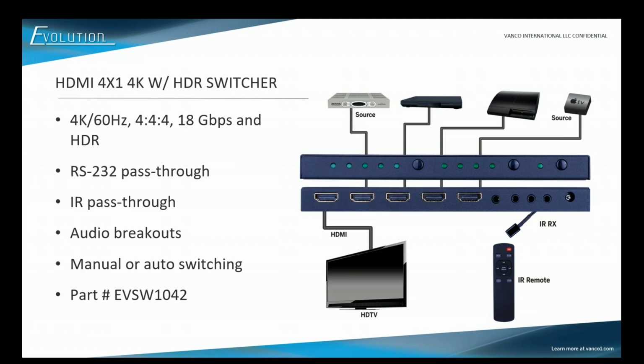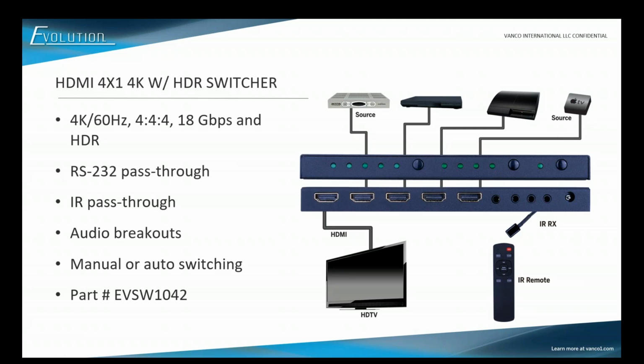Now, previously, a couple years ago, most of our switchers had auto switching, which is a great feature. If you don't know what auto switching is, basically if you're watching your Blu-ray player and you turn off that Blu-ray player, the switcher will know that and it'll automatically look for the next source that's turned on sequentially.